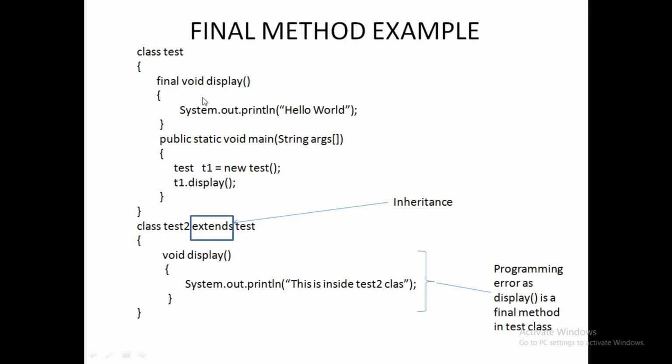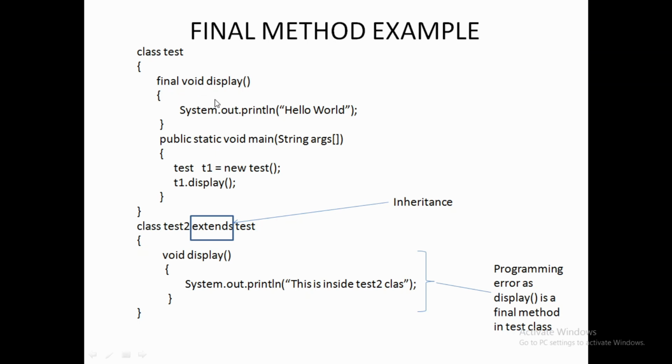By saying finalize, I mean that if the class where a final method is defined is inherited by another class, as in the case here, where the test2 class inherits the test class, then it cannot override the final method which is defined inside the base class.